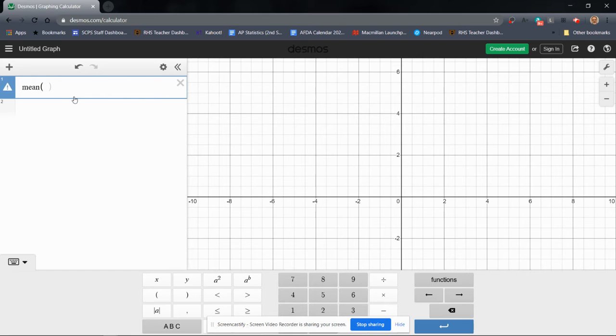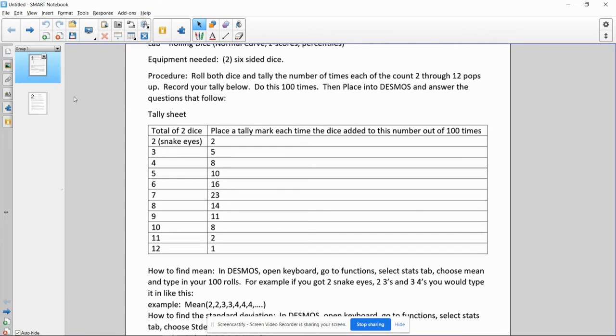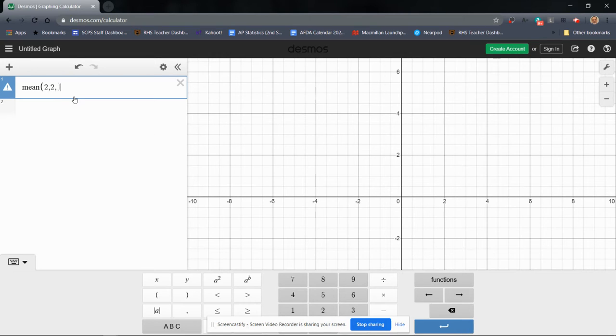So I'm going to type in 2 2s separated by comma, 3 3s, 5 3s separated by comma, and so on. I'm going to pause the video right now and let you put in yours.